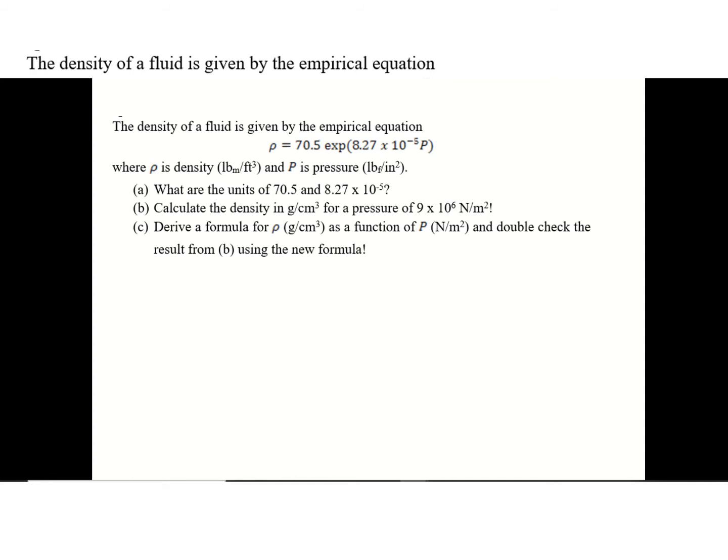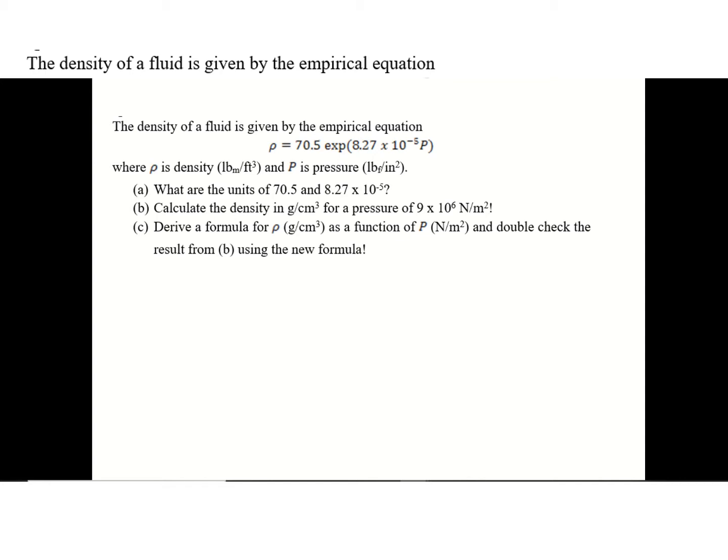Derive a formula for rho G mean in gram per cm cube as a function of P in Newton per meter squared, and double check the results from B using the new formula. What this is saying is to rewrite this formula in such a way that the density will now be in gram per cm cube and the pressure will be in Newton per meter squared.